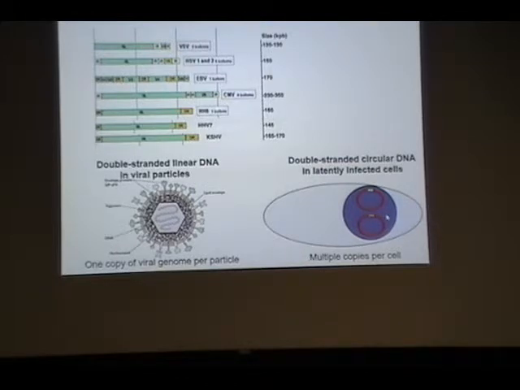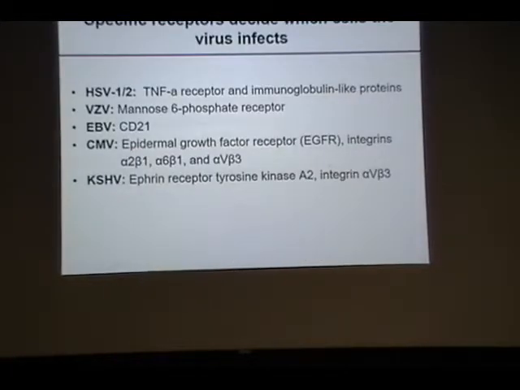As I mentioned, we have 8 different herpes viruses, and each virus infects a different type of cell. The reason is that the virus requires a receptor to get into the cell.